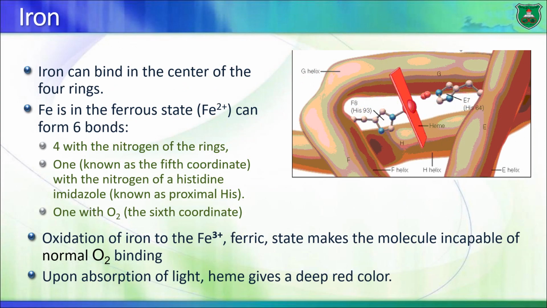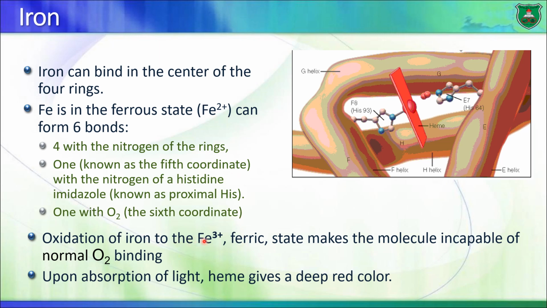So as I said, you have iron in the ferrous state. It can form 4 covalent bonds with the pyrrole rings, 1 with the proximal histidine, and the 6th one with the oxygen itself. Now, something important about iron is that it has to be in the ferrous state in order to bind oxygen.